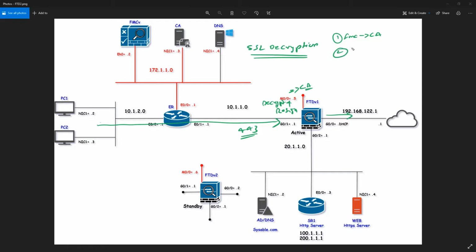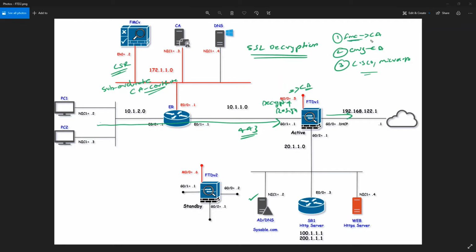The second option is that I can use my organization CA, sign the CSR of my FMC, and issue a subordinate CA certificate. And number three is that I can purchase a CA subordinate certificate from Cisco or Microsoft or Google. So these are the three options we can choose from.